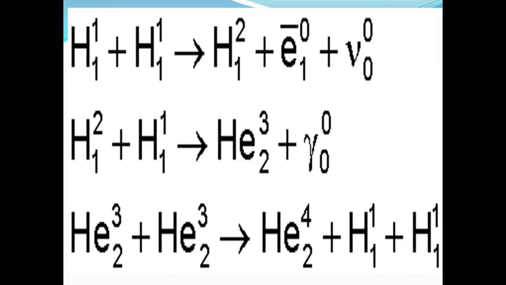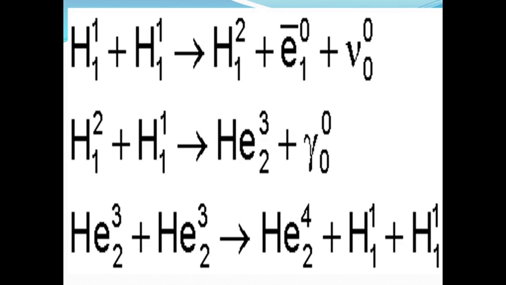So this is the proton-proton cycle, in which initially two protons combine to form a deuterium nucleus H12, and it's not an electron, it's a positron. A third proton combines with the deuterium nucleus to form an He23 nucleus.